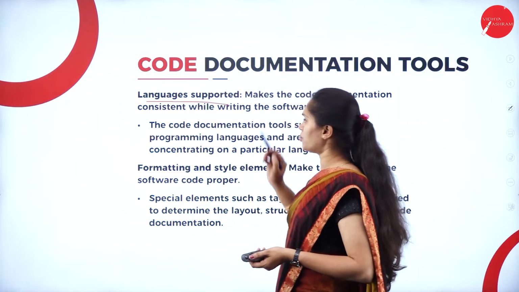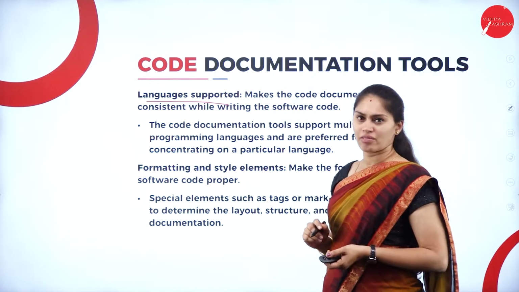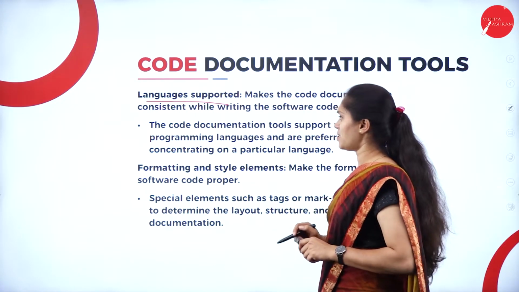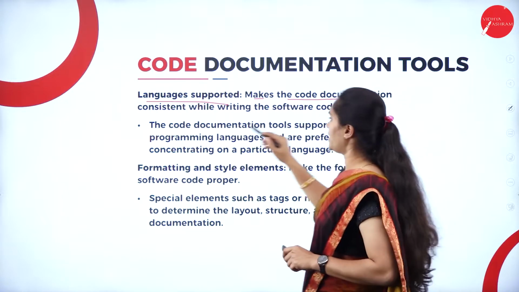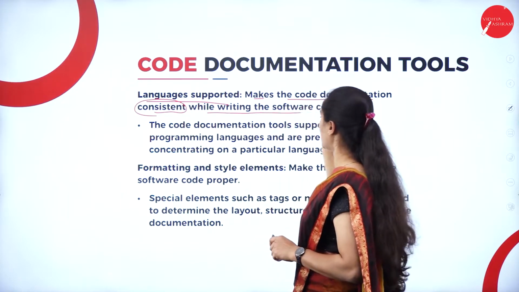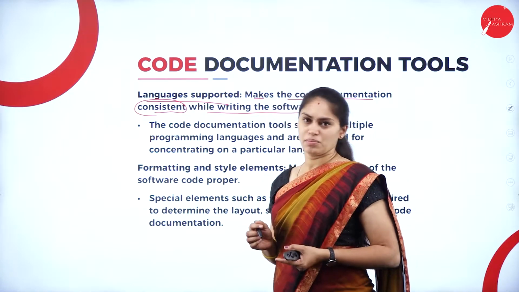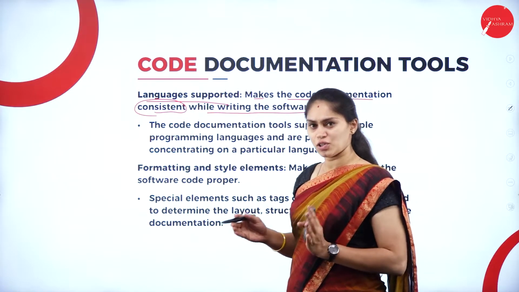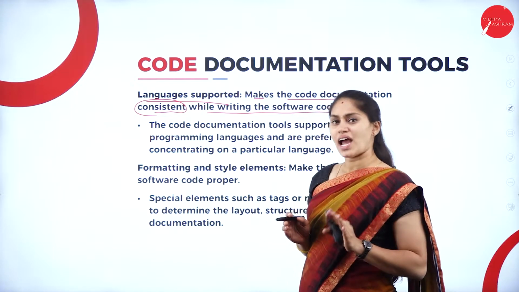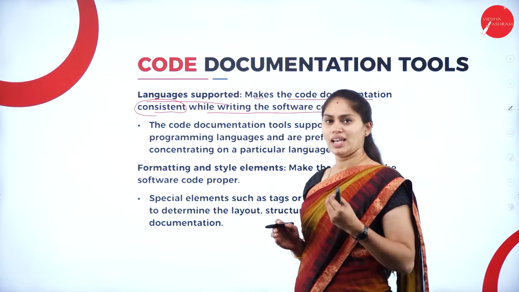Next, it will support various programming languages. That is, language support. This makes the code documentation consistent while writing the software code. If it is not able to support multiple programming languages, if it is restricted to a particular programming language, then it will be less used.